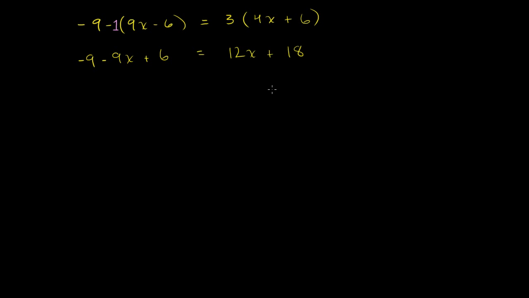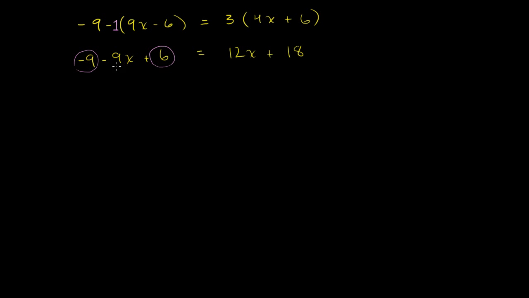Now what we want to do, let's combine our constant terms if we can. We have a negative 9 and a 6 here. On this side, we've combined all of our like terms. We can't combine a 12x and an 18. So let's combine the negative 9 and the 6, our two constant terms on the left-hand side of the equation.